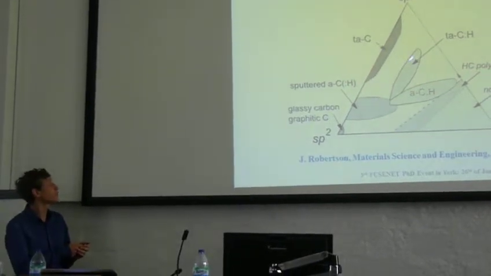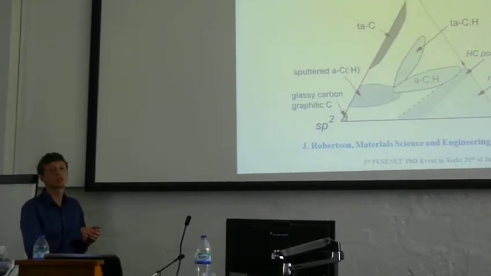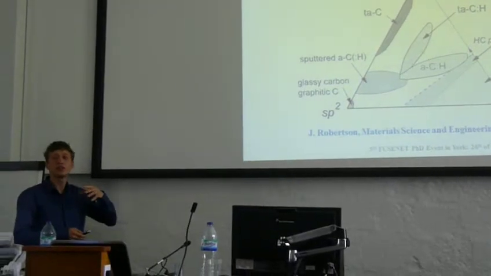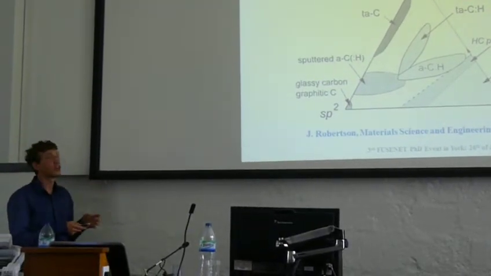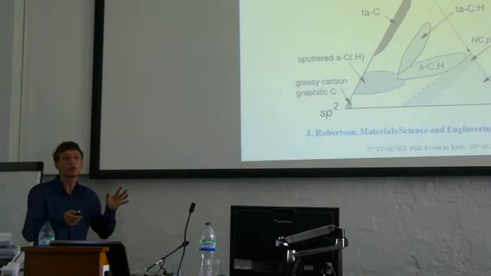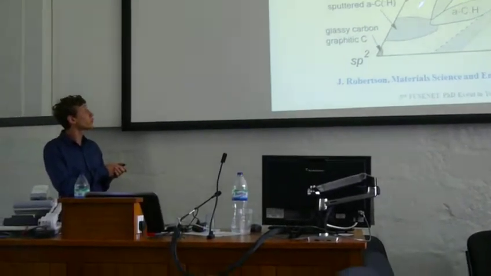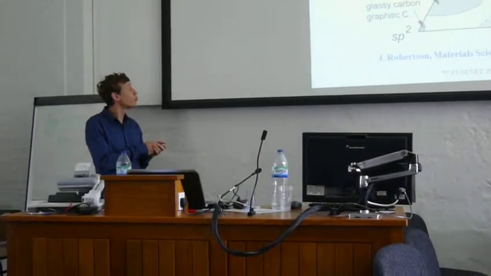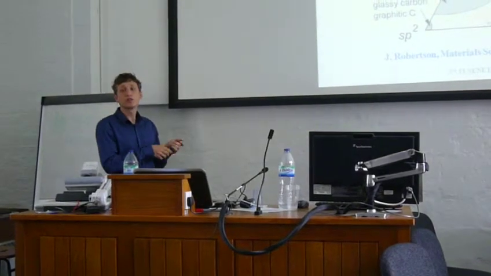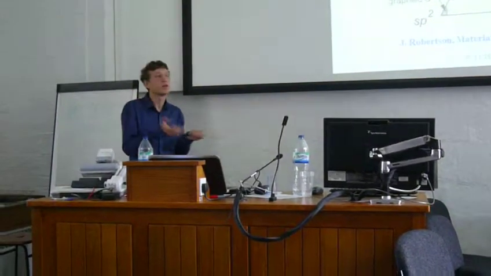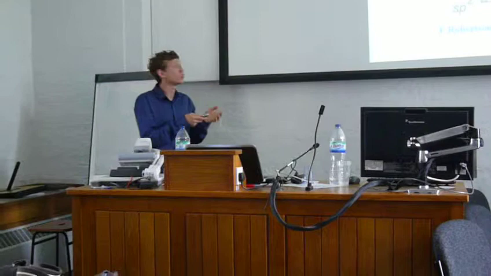It appears somewhere, let us say here, because there are some defects induced in the sample by the plasma, and you have a mixture of sp3 and sp2 phases. And when you start to heat the sample, you move towards the virgin material. You heal the defects, and you rebuild the virgin material, and you notice that with heating up and with moving towards sp2, you decrease the negative ion yield.